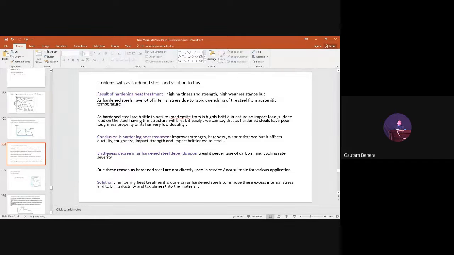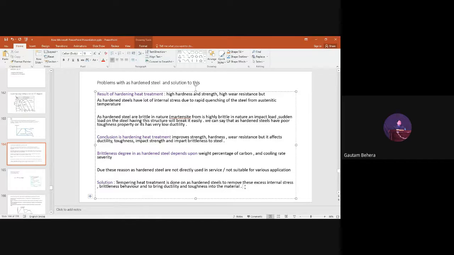So what is the solution to this? The solution is tempering heat treatment. Tempering heat treatment is done on as-hardened steel to remove this excess internal stress and brittleness, and to bring ductility and toughness into the material.